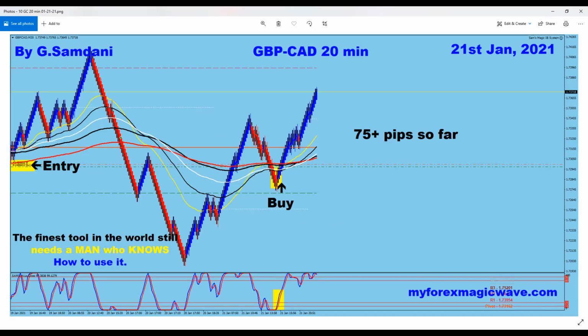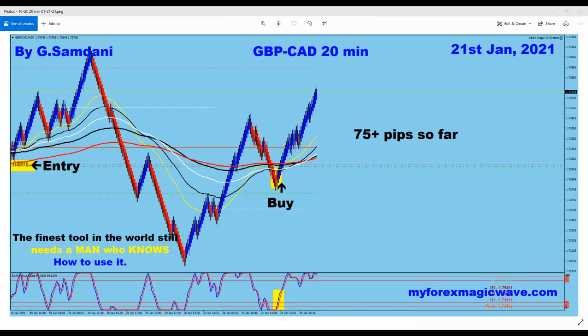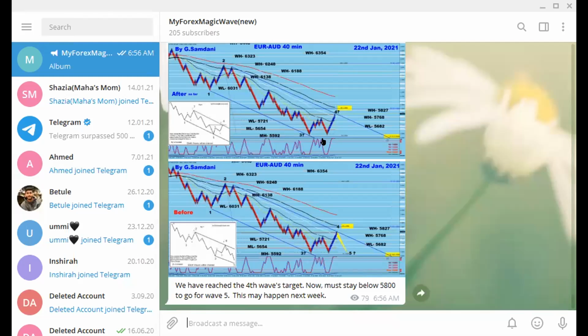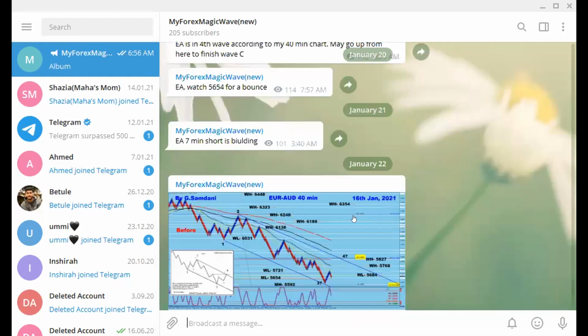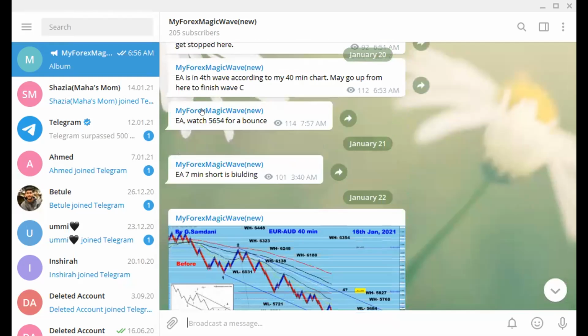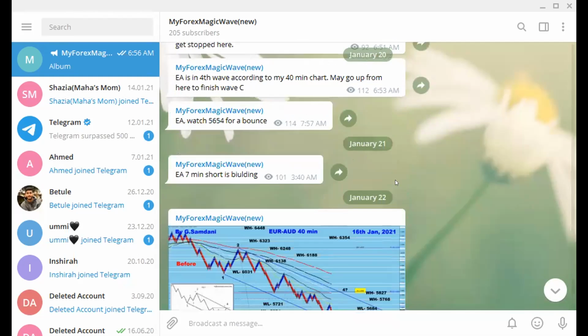By the way, I just want to show you that this is my Telegram channel, where I constantly post all of that, right? And you see here, like I said, that EA is in fourth wave, right? According to my 40-minute chart, it may go up from here to finish wave C, and that's where I had that last long.